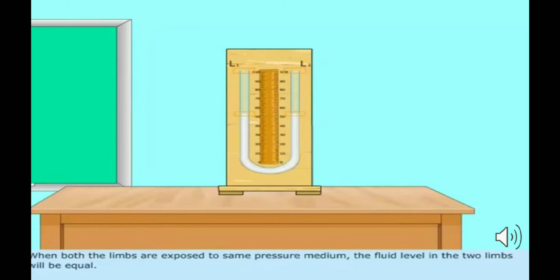As liquid seeks its own level and it is connected in the same U tube, in the first case, in both the limbs it will be at the same height, as nothing has been changed over here. So in both the limbs the manometric fluid will be at the same height. So L1 and L2 will show the same height of the manometric liquid.